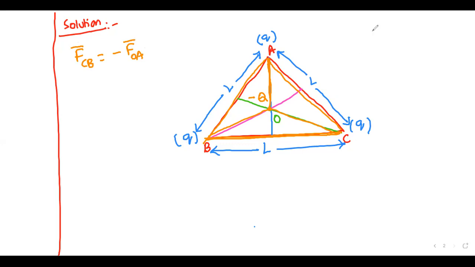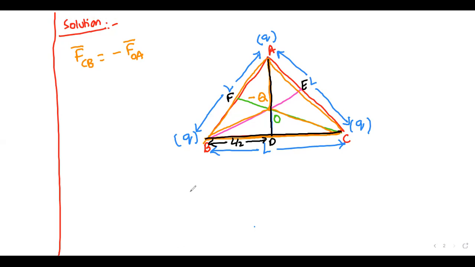Now see, this one is D, E, and this one is F. AD is the perpendicular bisector, so BD equals L by 2, since D is the midpoint of BC.